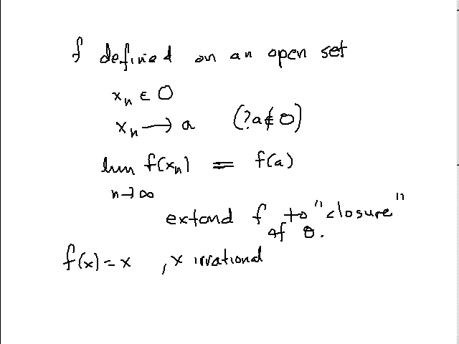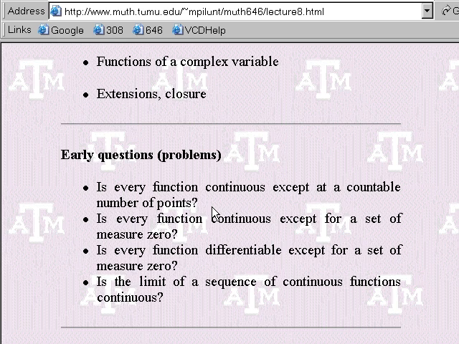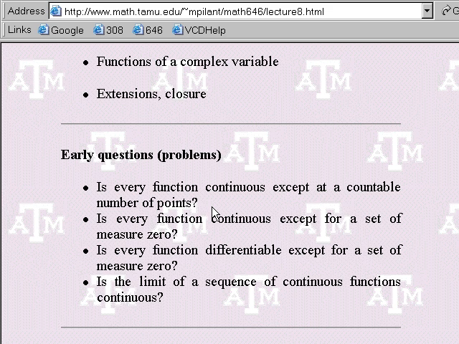Now here's a set of questions that came up very early on historically, having to do with graphs and limits. The first one: is every function continuous except at a countable number of points? Countable means that you can index them by the natural numbers, 1, 2, 3, etc. So let's look at the first question here.